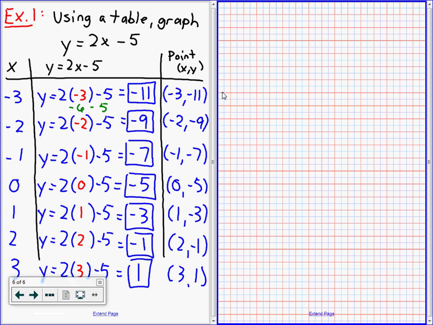Now I did it like this because I have to get all the way down to negative 11. You see what I mean? So because I did it like that, I have to get down there. So I don't really need too many positive numbers up here.